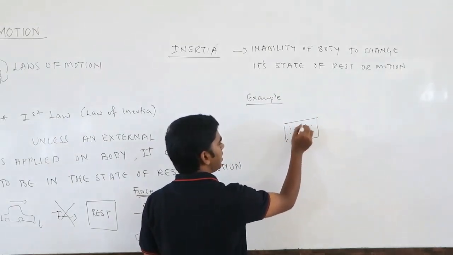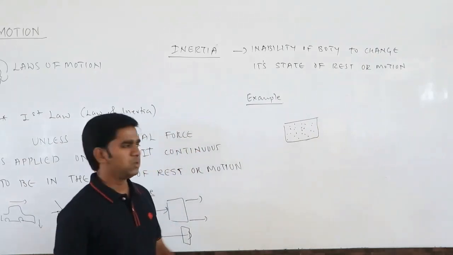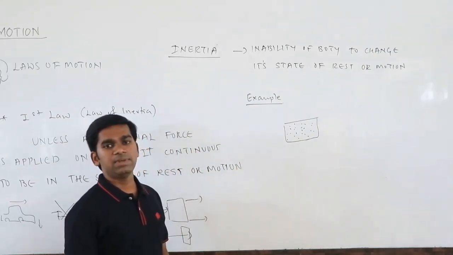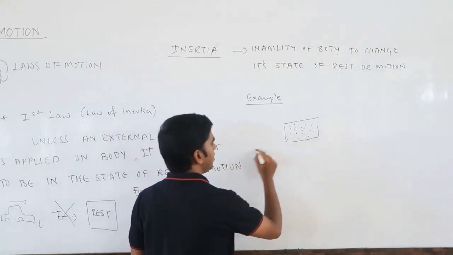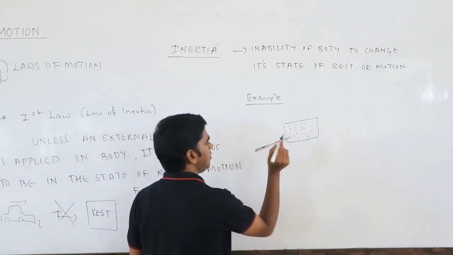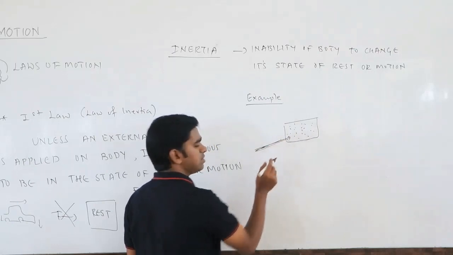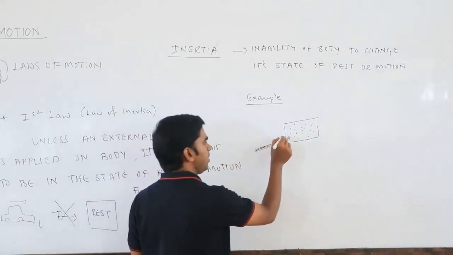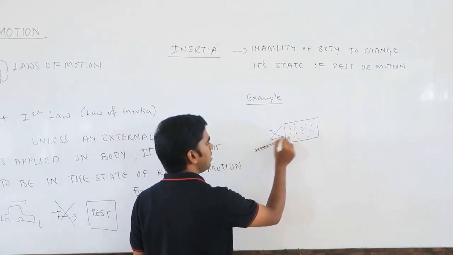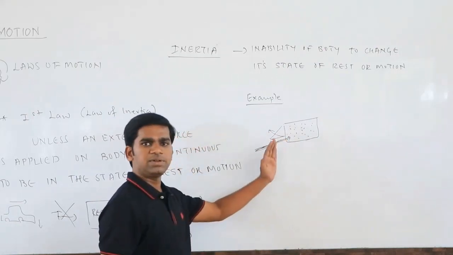Many dust particles are there. To remove those dust particles, you will take one stick and beat that mat with the stick. So actually what you have done is move the mat from here to here.